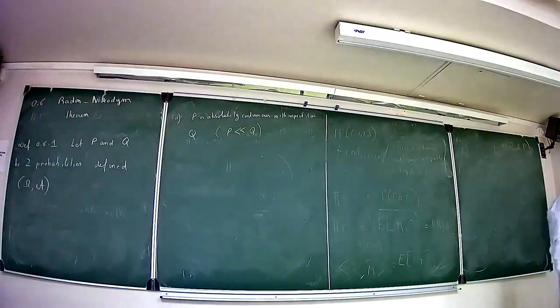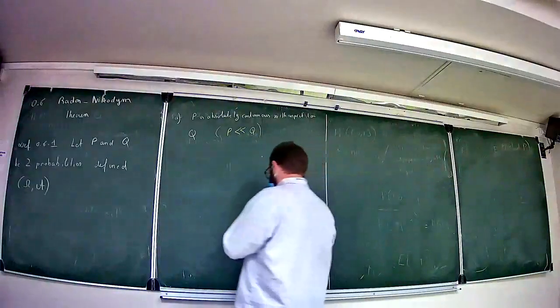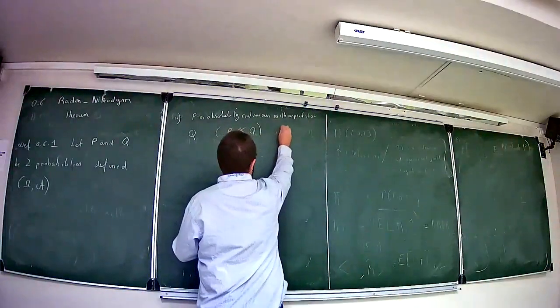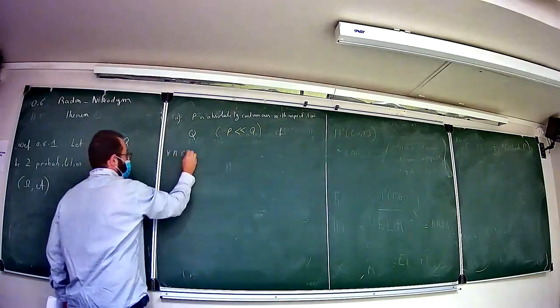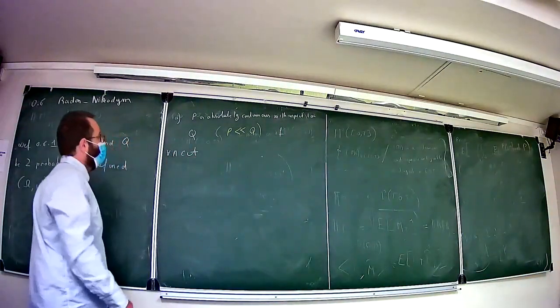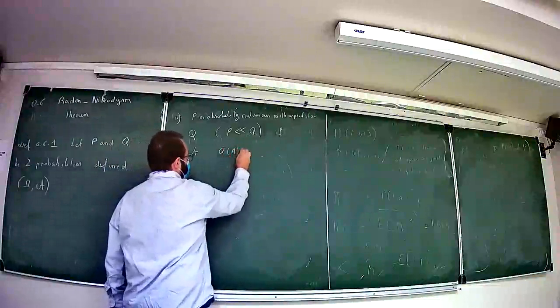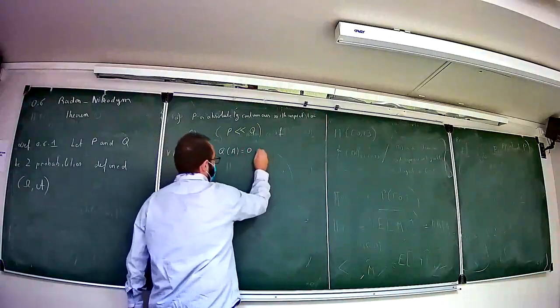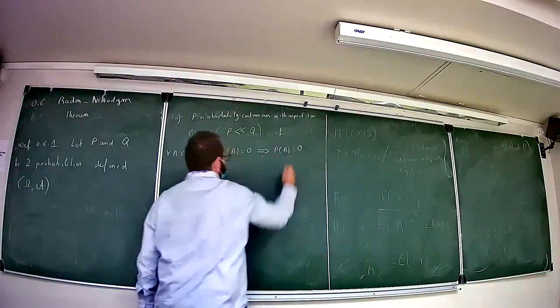Then, so P is absolutely continuous with respect to Q if for all A belonging to calligraphic A, Q of A equal to 0 implies P of A equal to 0.